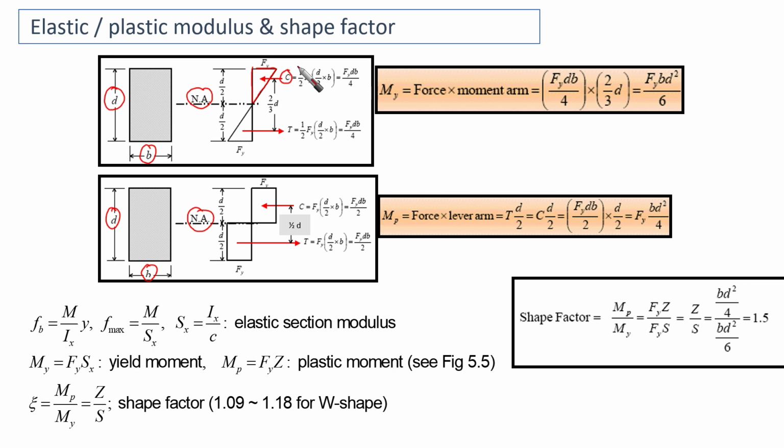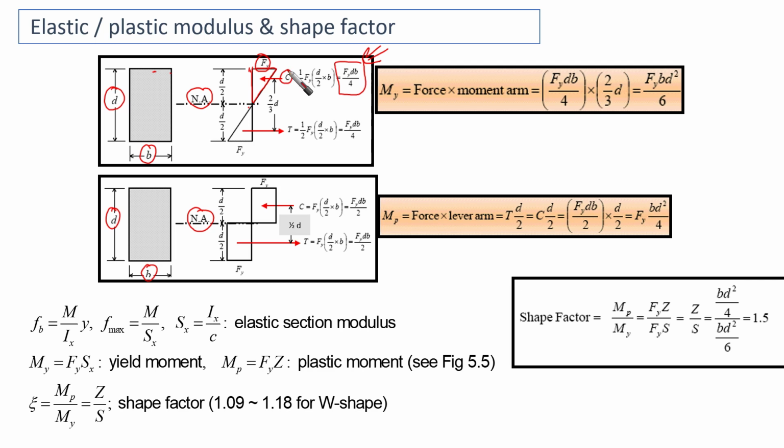So it is going to be half F yield, because we reach F yield, which is the base of the triangle, times D over 2, which is the height of the triangle, times B, which is the width of the cross section. So it is going to be F yield dB over 4, right?